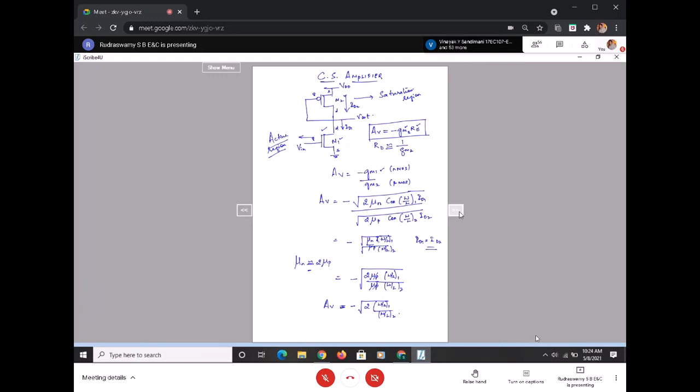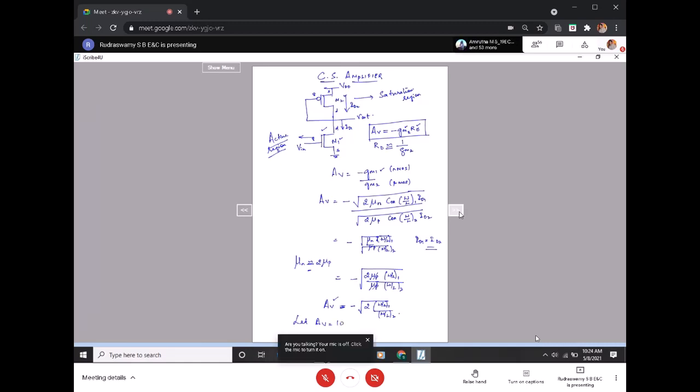Now there are variables. We don't know AV, and I should find out what my W by L of 1 and W by L of 2 are. Since it is an amplifier and it is a gain, typically it will be greater than 1. I let AV be something like 10.